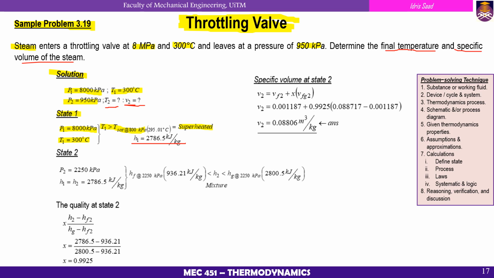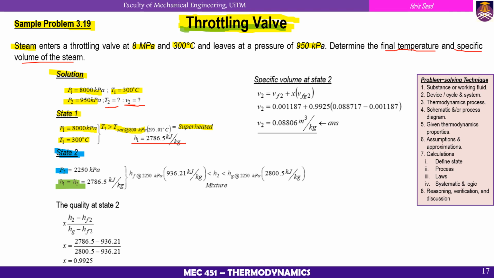So now we proceed to state number 2. What we get is P2 is equal to 2250 kilopascal. And we have to understand that H1 is equal to H2 in the case of a throttling valve. Please do remember, last time we already defined this in the previous slide.